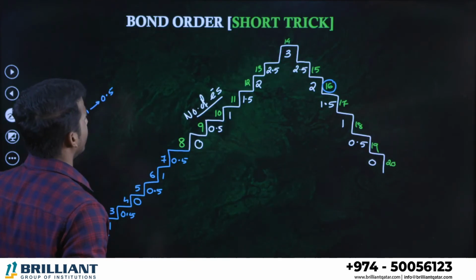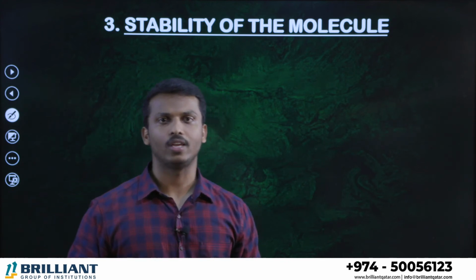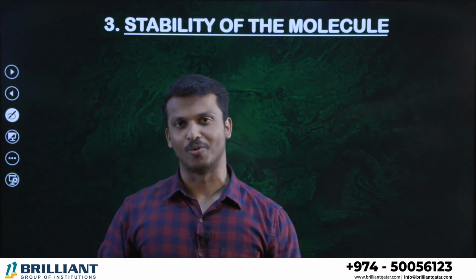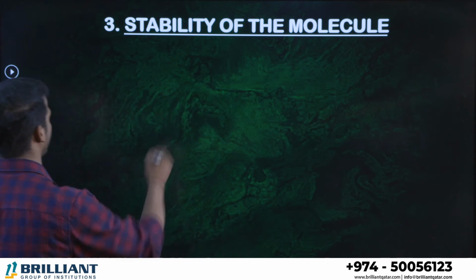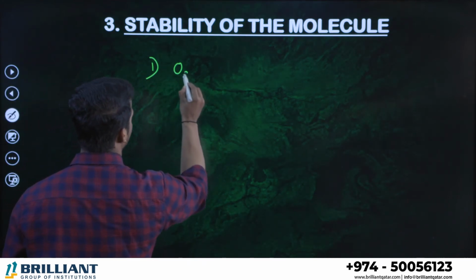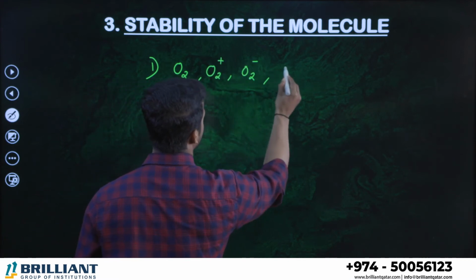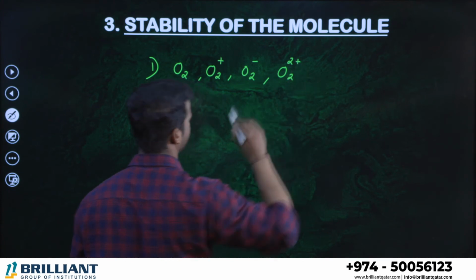Shall we go to the third one? The third idea about molecular orbital theory: you can explain the stability of a molecule. Suppose I am giving you a set of molecules, just note it: O2, O2 plus, O2 minus, O2 2 plus.